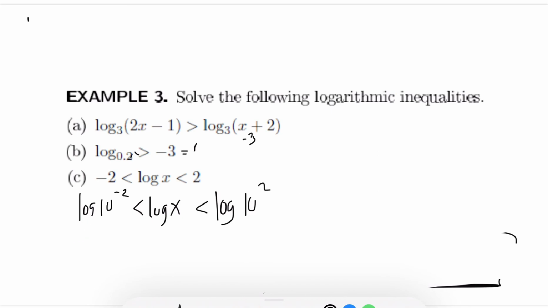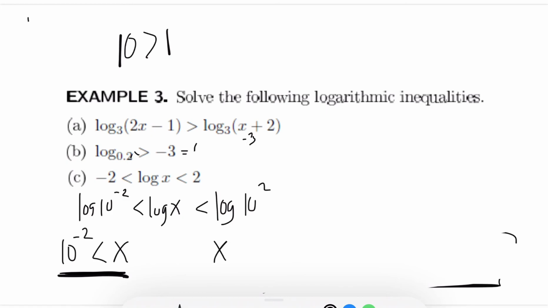So we have two inequalities. Take note, 10 is greater than 1, so the inequality will remain, less than, for 10 raised to negative 2. And the other one, 10 is also greater than 1, so we also have 10 raised to 2.